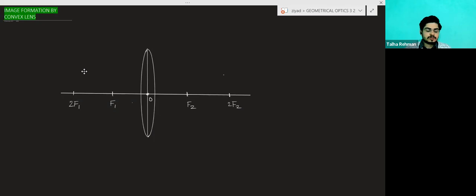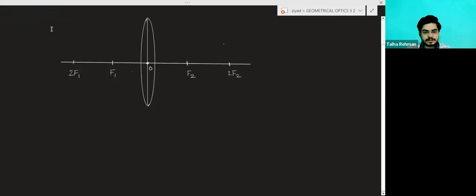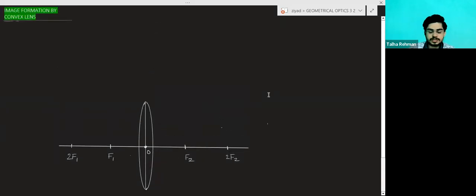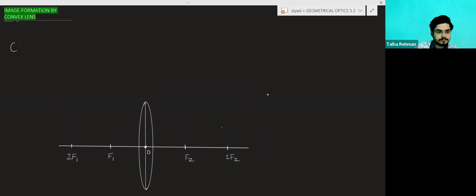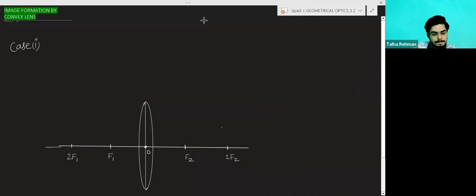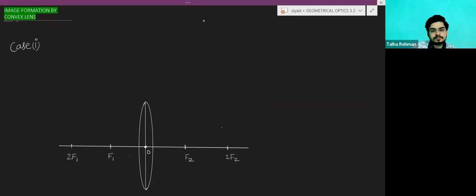So case number 1, I am taking case number 1. So what is case number 1? Case number 1 is we will place the object beyond 2f1.